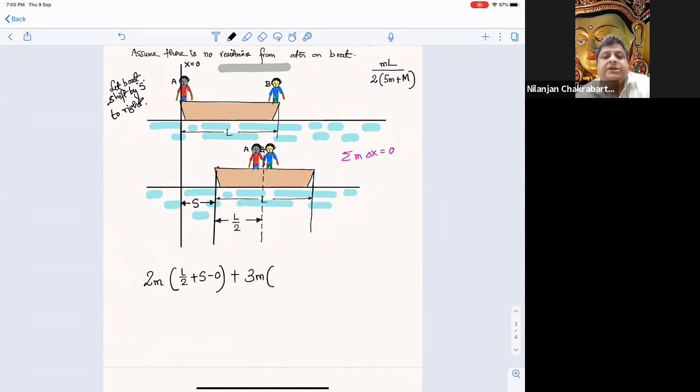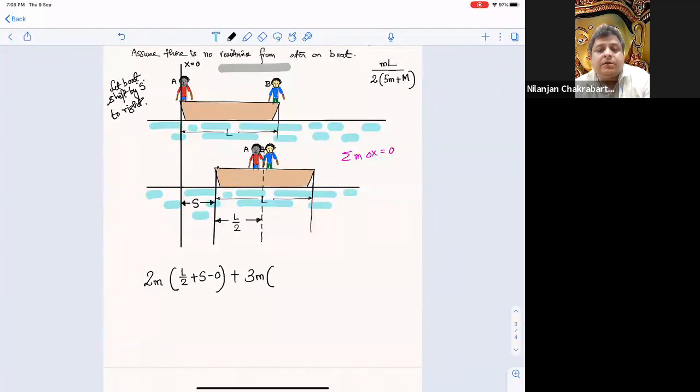Arshia Bagchi, tell me what this will be. 3m, for this B, the shift, that is, what is the final coordinate minus what was the coordinate or initial coordinate? So what is the final coordinate?